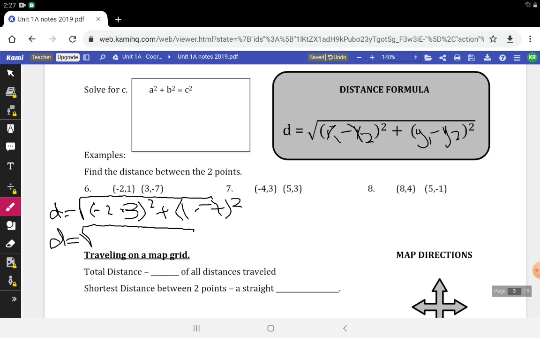Negative 5 squared is 25. So 25 plus 1 minus negative 7 is 8. 8 squared is 64. 25 plus 64 is 89. So our answer is the square root of 89.